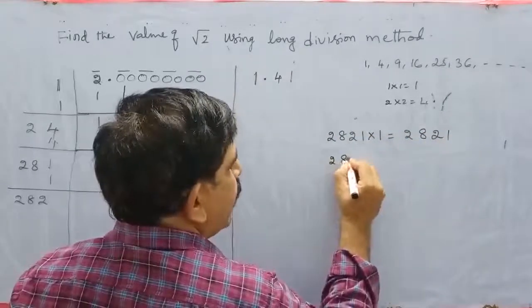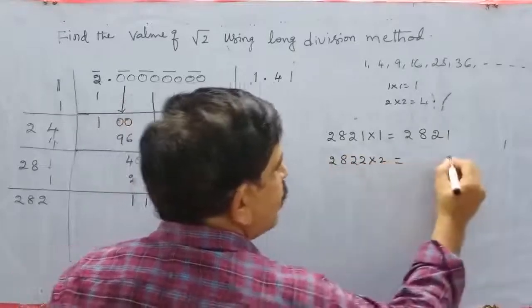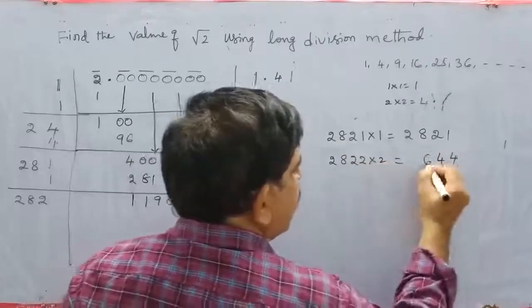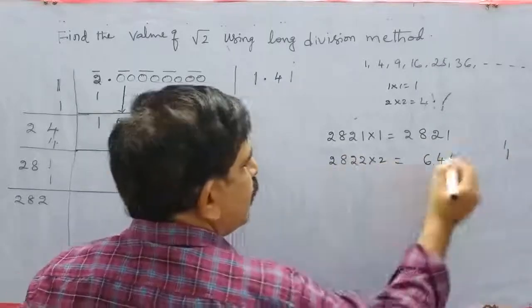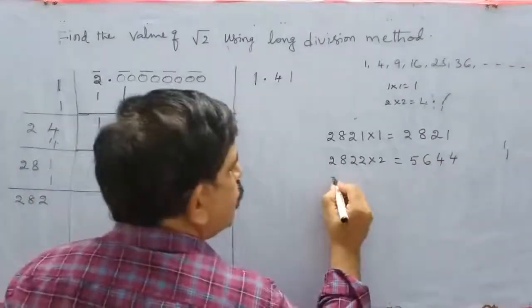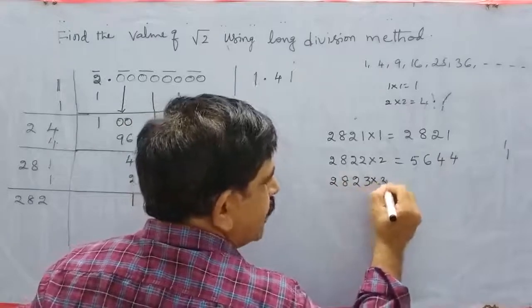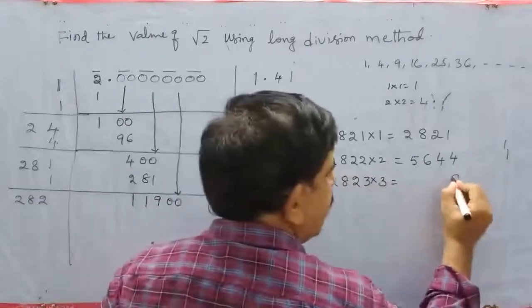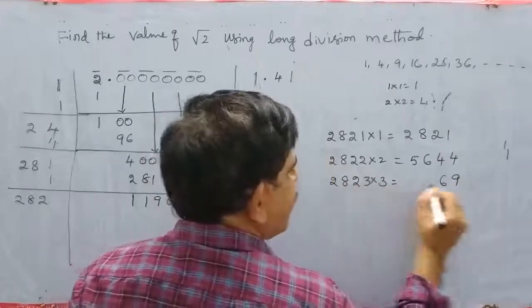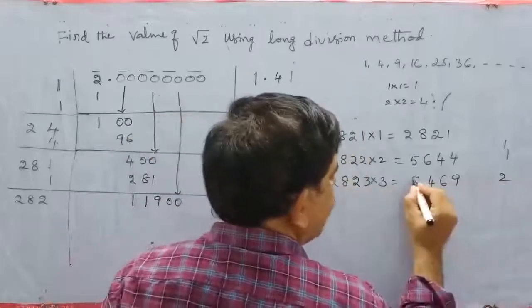Next one, 282 2 into 2, so that is 2 2s are 4, 2 8s are 16, 1, 2 2s are 4 plus 1, 5. Okay, next one, 282 3 into 3, so that is 3 3s are 9, 3 2s are 6, 3 8s are 24, 3 2s are 6 plus 2, 8.